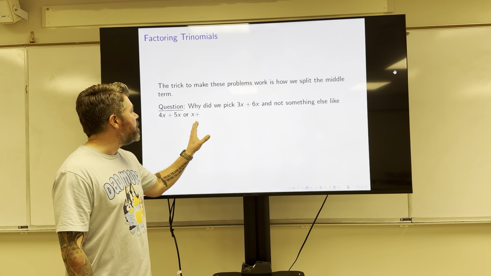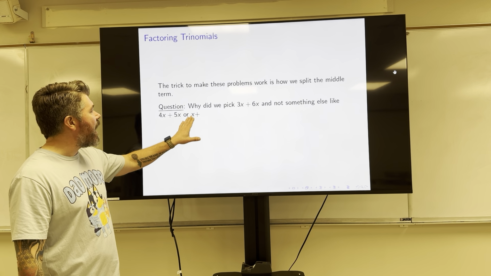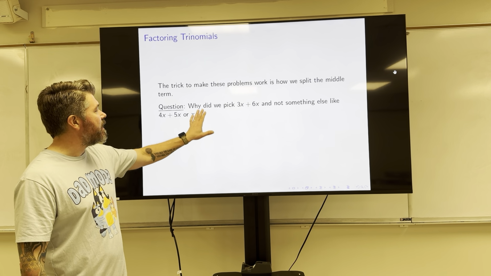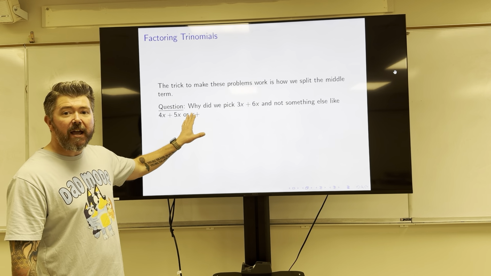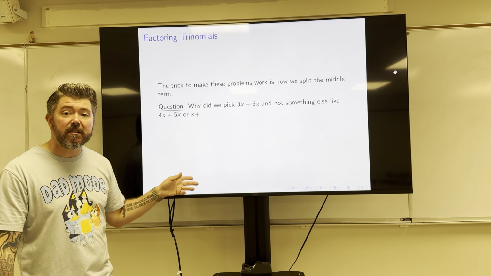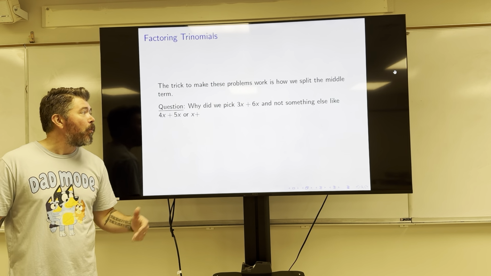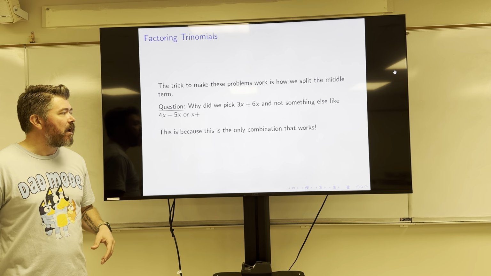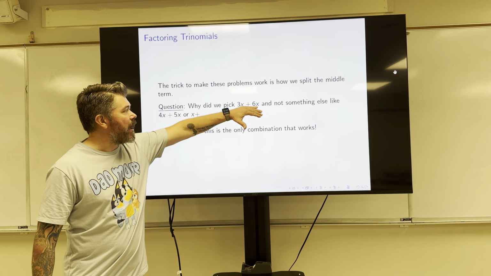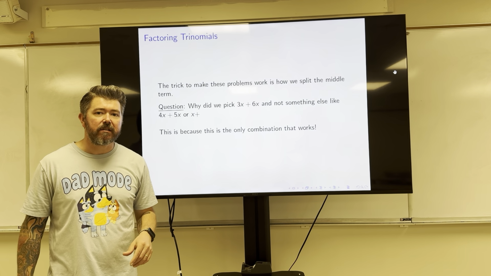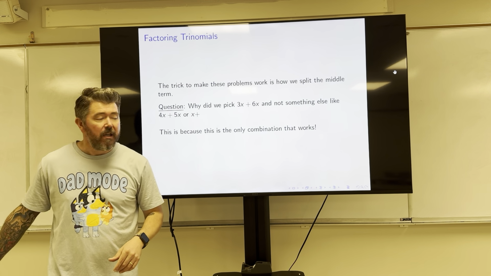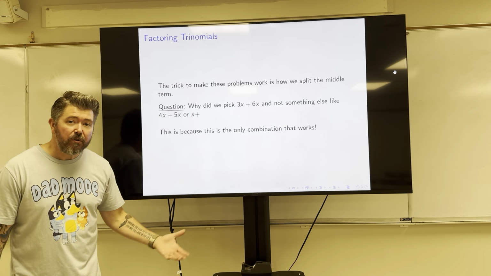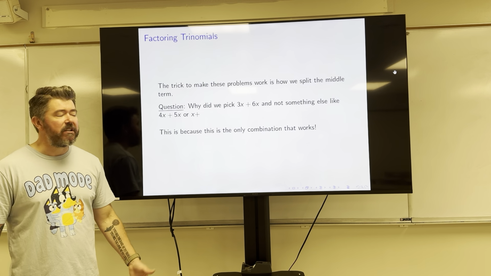Or why didn't we pick something else like x plus 8x? 1x plus 8x still gives us a 9x. Why didn't those two work? Well, the answer is because the only thing that works is 3x and 6x, okay? And now the new question is, how do we do this?